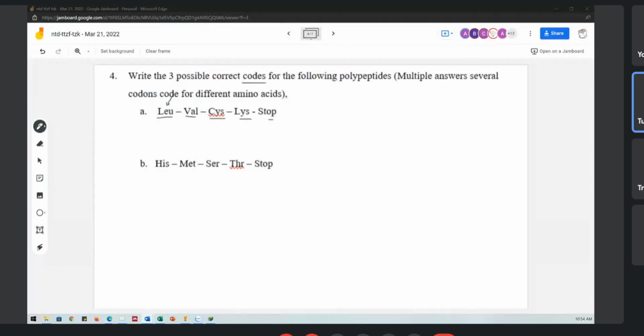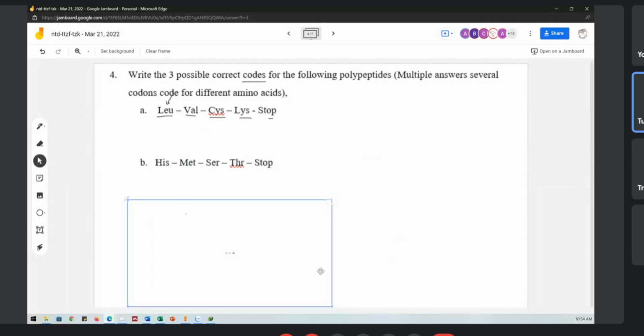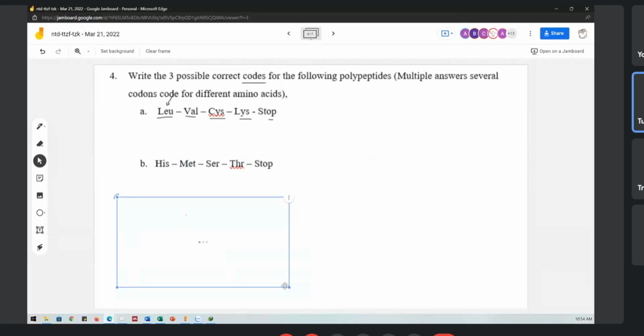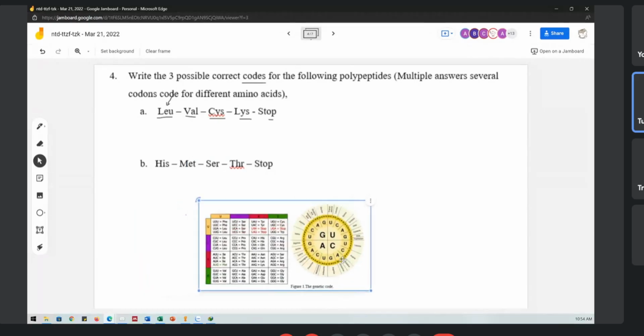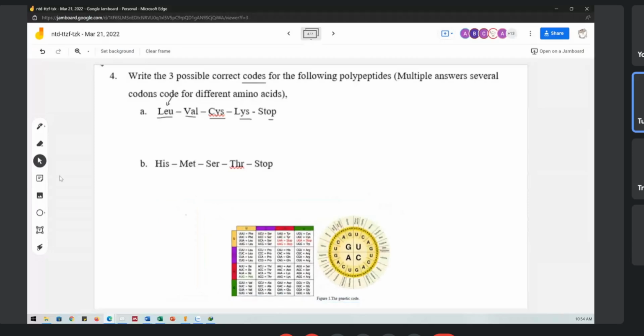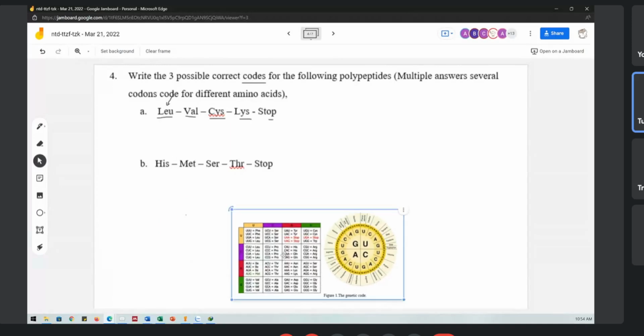We use the table. Let me paste the table again. Okay. So when we work with proteins, we always go with the table.